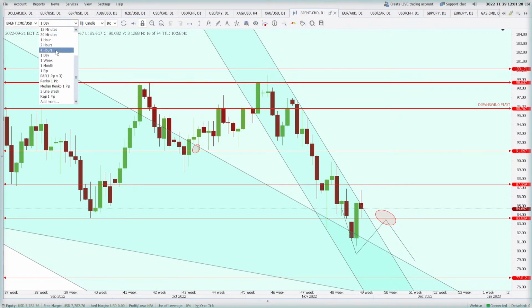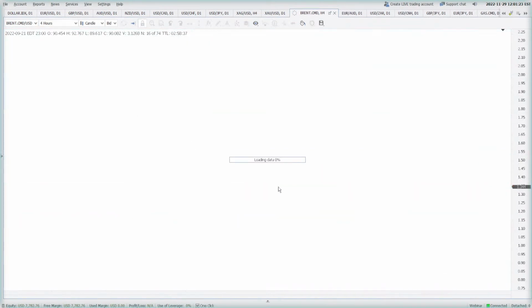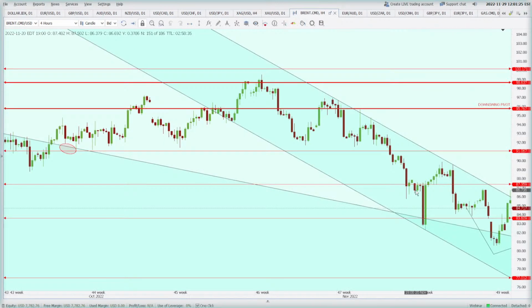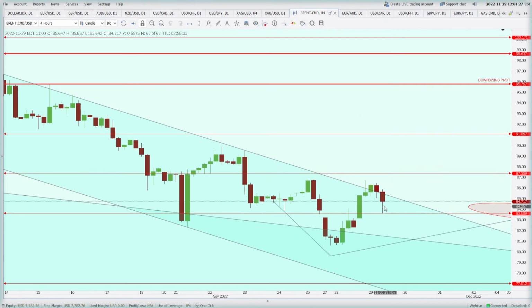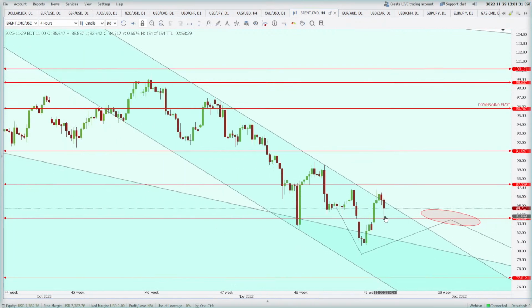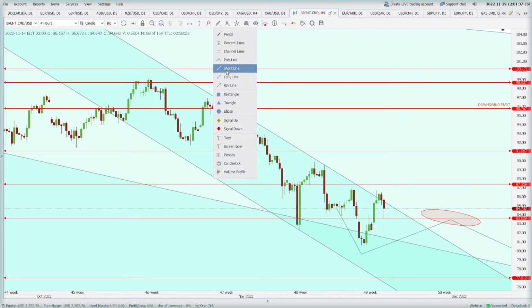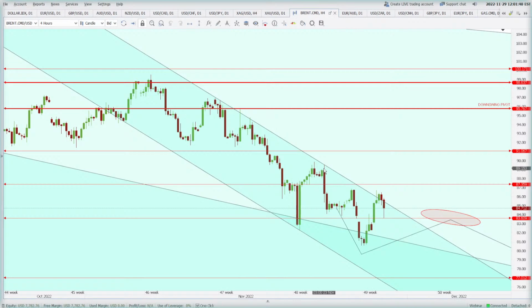What we were expecting here was a close above the channel resistance of that falling channel. That happened, but there was no follow-up. Price came back in. All right, guys, I think there is a formation of a small head and shoulder here, although it is not complete at the bottom.